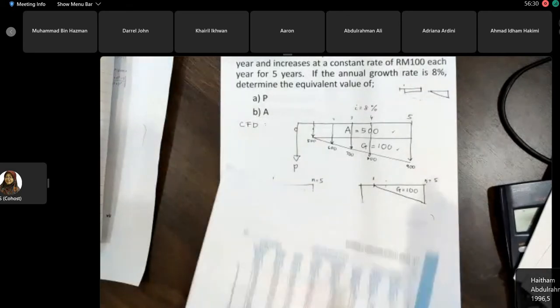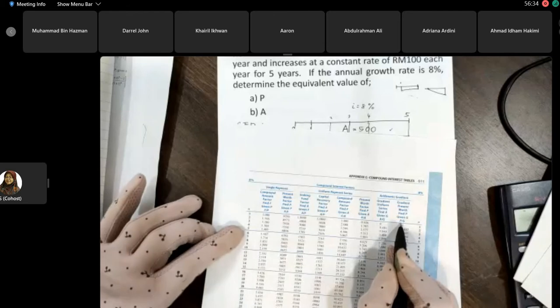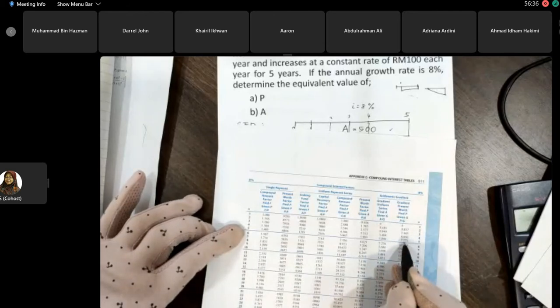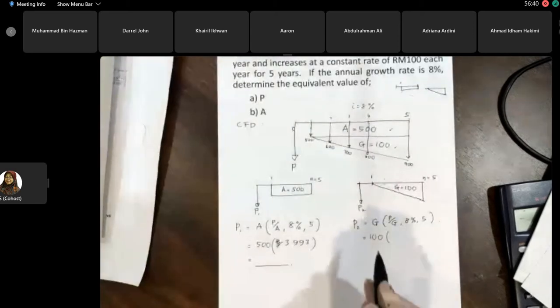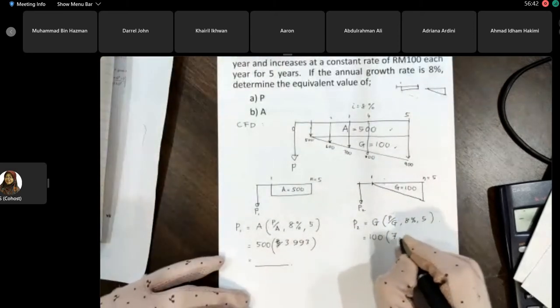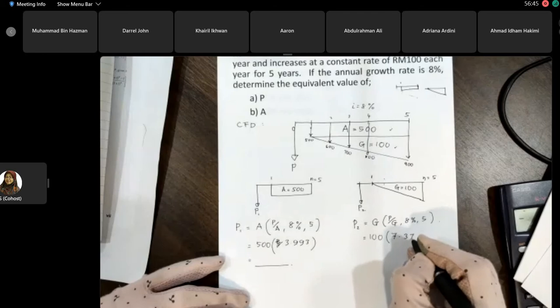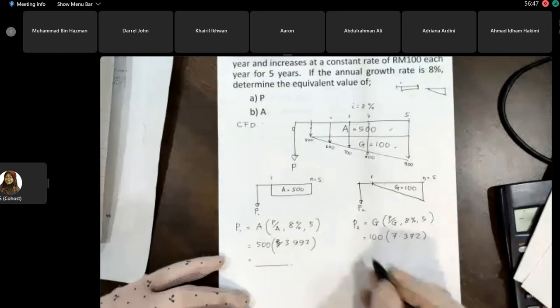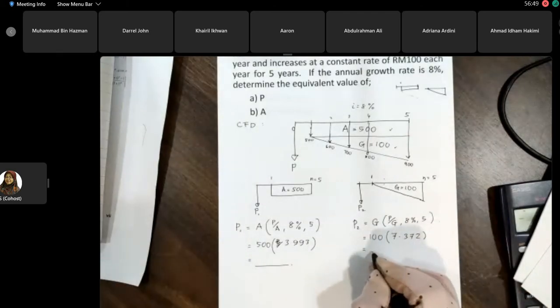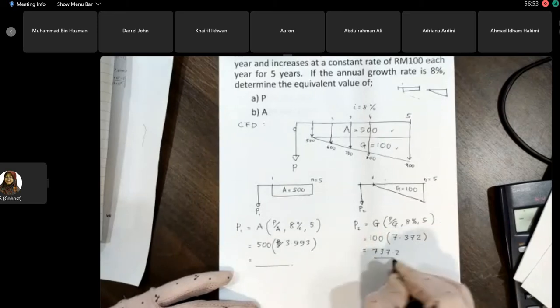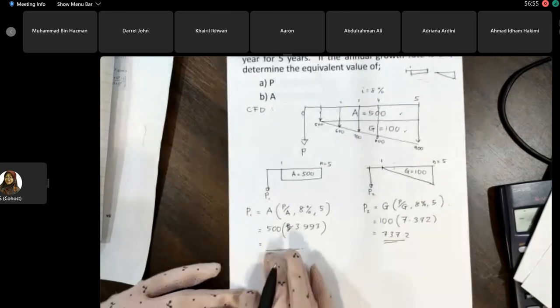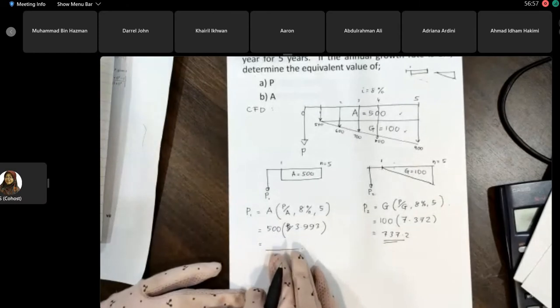P over G, 8%, N is 5. 7.372. 7.372. So you look at 7.2. Okay, ni? What is the value?